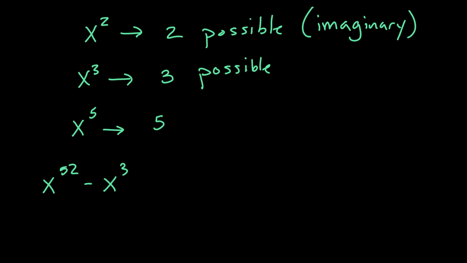Whatever happens afterwards does not matter, right? Just like if you had a quadratic, I have this, and then say I added this on. Does that change the number of roots it's going to have? No. It still could have two possible roots. So here, how many possible roots would my x to the 52 minus x cubed have? Still just 52 possible roots. Does that make sense?